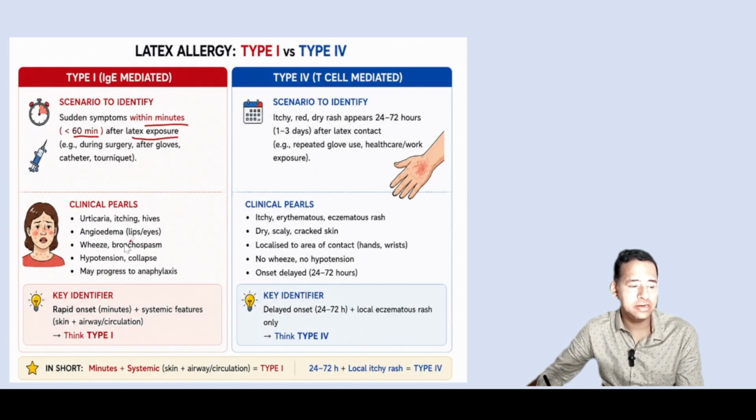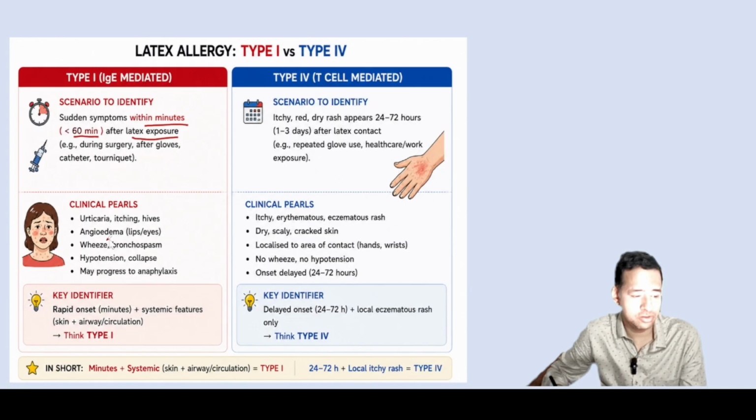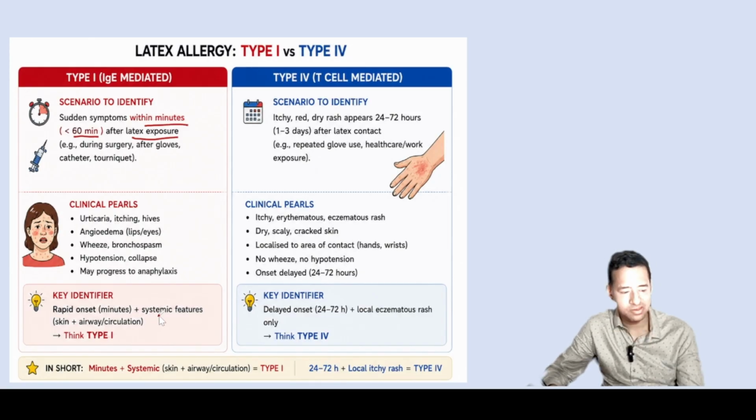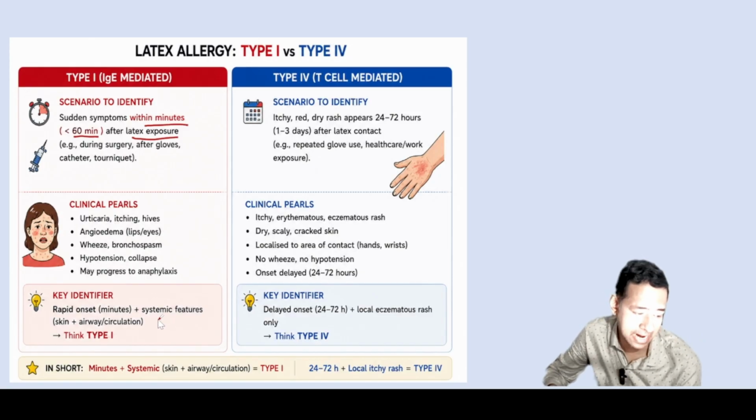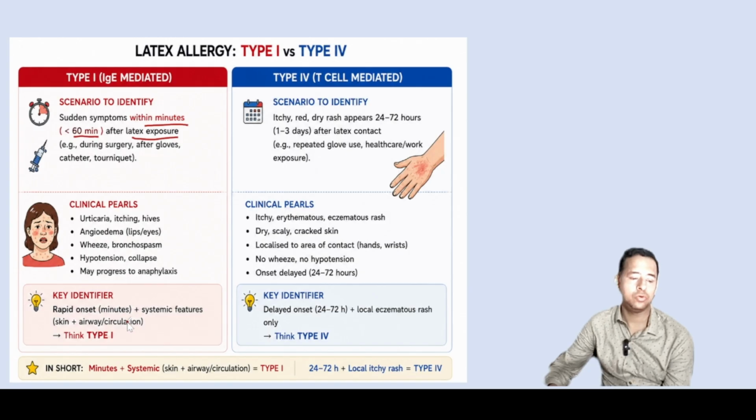Urticaria, itching, hives, angioedema of lips or eyes, wheeze, bronchospasm, hypotension, and immediate collapse may progress to anaphylaxis. The key to identify is rapid onset within minutes, maximum 1 hour, not more than 1 hour, with systemic features of skin, airway, circulation. Think about type 1.